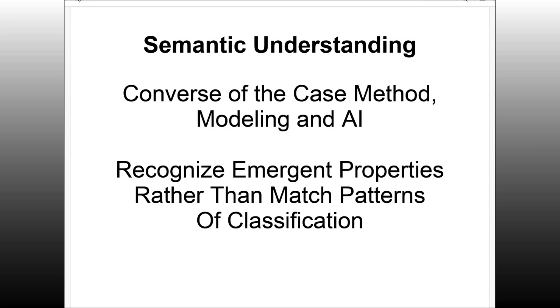So instead of expanding the number of hits in each of the 4 or 5 classifications as we process more and more novel data with the model, in semantic understanding, novel data tends to increase the number of categories, the number of classes into which the data can be sorted, but more importantly, it increases our understanding of what the emergent properties are and what the etiology of those properties is.